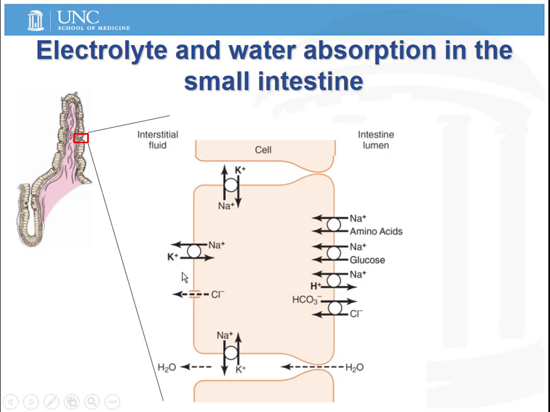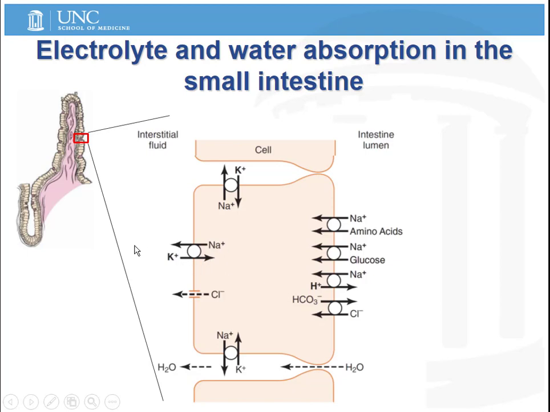So it's the sodium-potassium ATPase on the basolateral membrane that keeps the sodium concentration low inside the cell, and that sodium gradient is used to couple the downhill movement of sodium to the uphill movement of glucose or an amino acid.